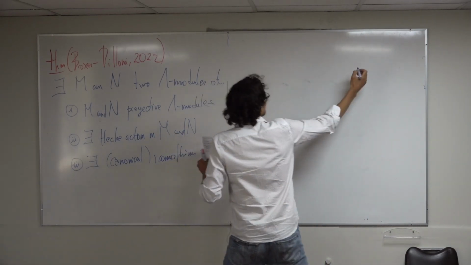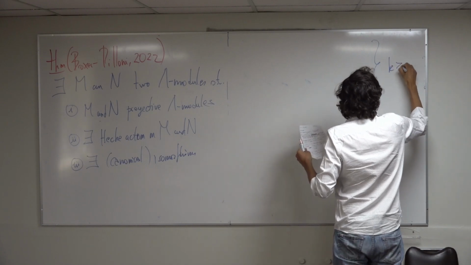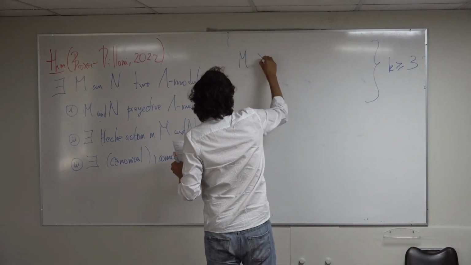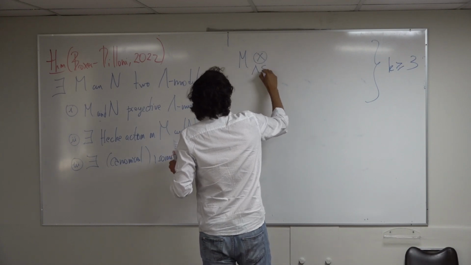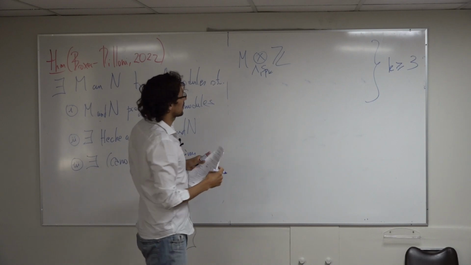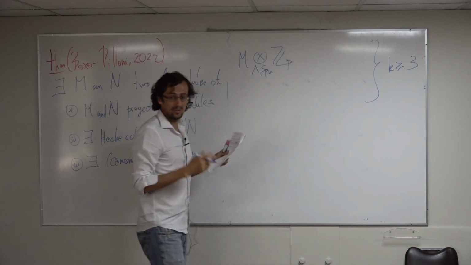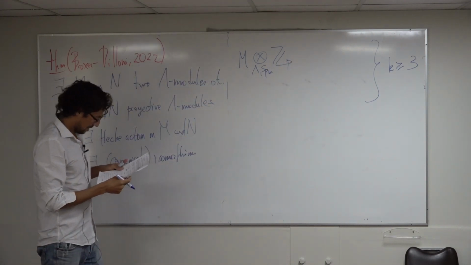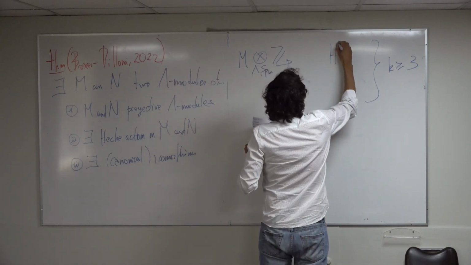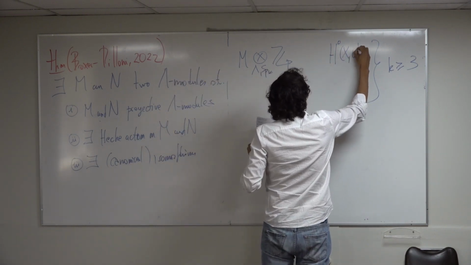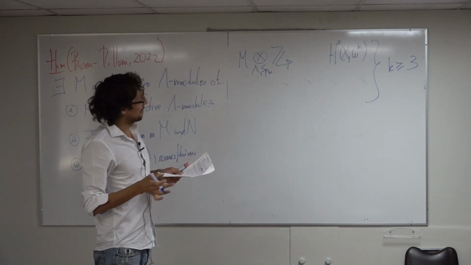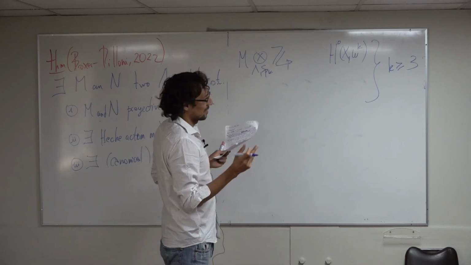Such that if you take k bigger or equal than 3, you have the following. M parameterizes, so you have this big model and you look at it as a Z_p model. You make it smaller, and this parameterizes in some way the H^0 cohomology, the group that we care about, but not all the pieces.